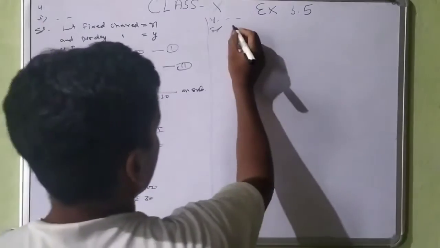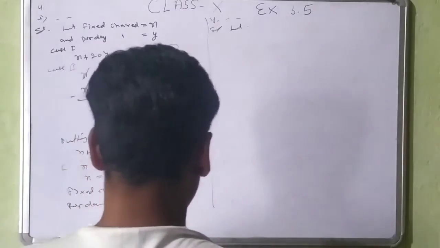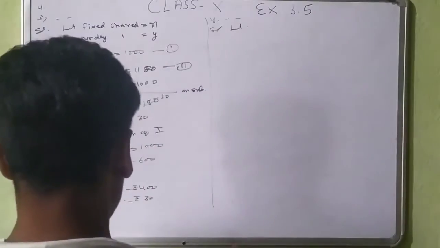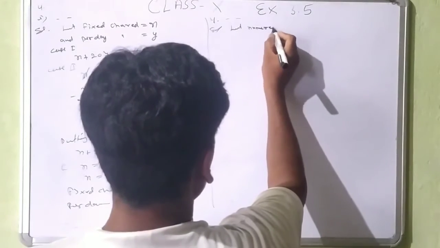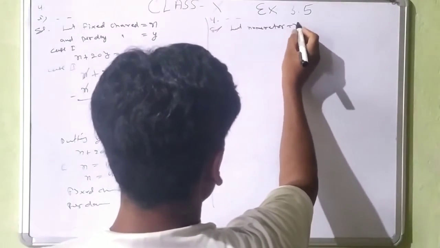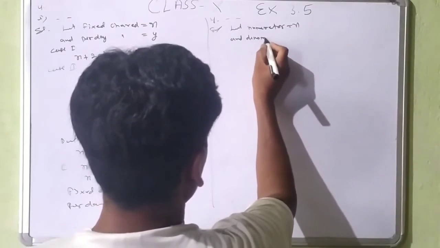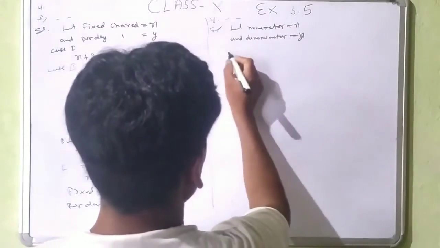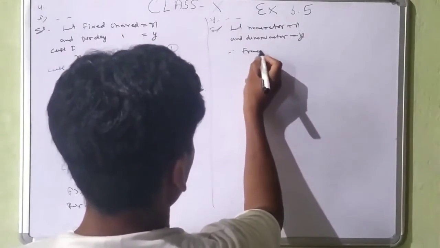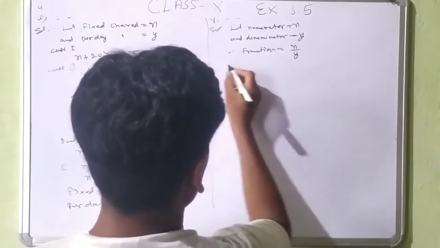So let the numerator be equal to x and the denominator be equal to y. So the fraction is equal to x upon y.